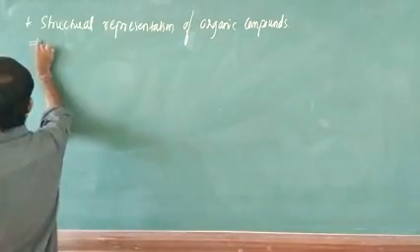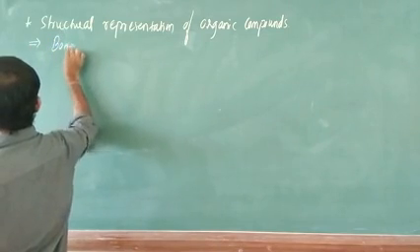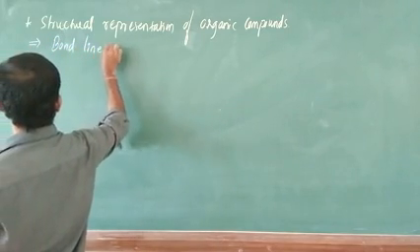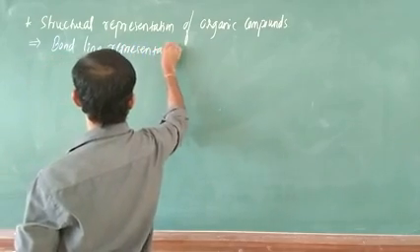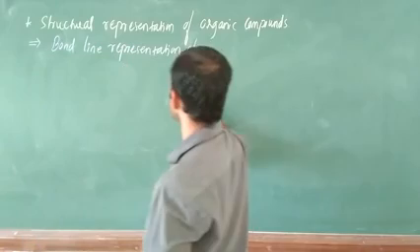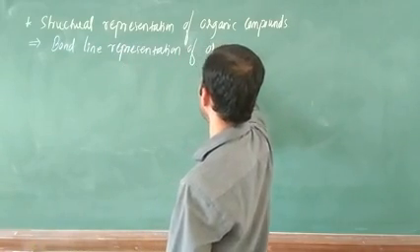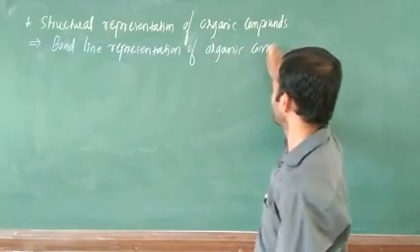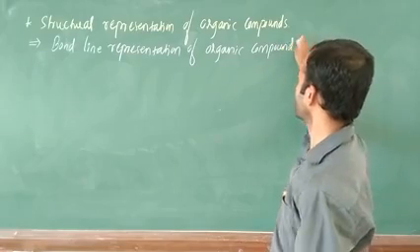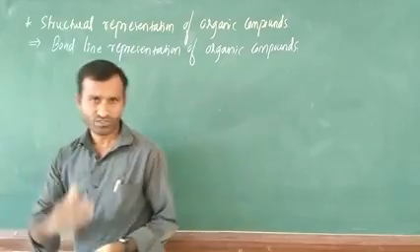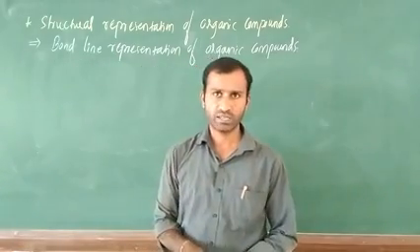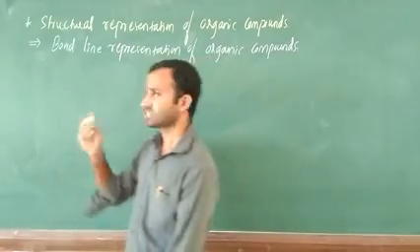Very simple, this is bond line representation of organic compounds. In this case, 2 to 3 points are there.